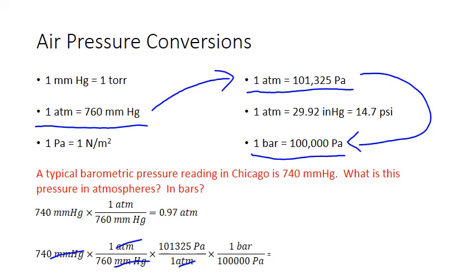Again, we set this up so that pascals is on the bottom so that it will cancel out, and bar is on top. Multiply through by everything on top, divide by everything on the bottom, and we find that we have 0.99 bar for 740 millimeters of mercury.